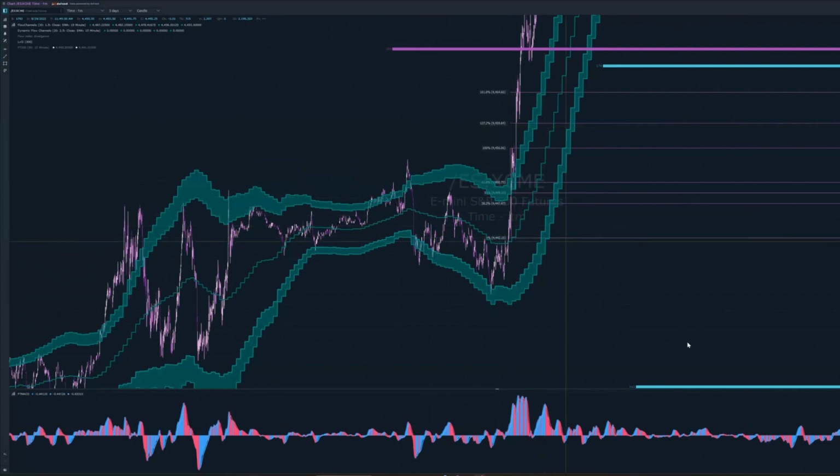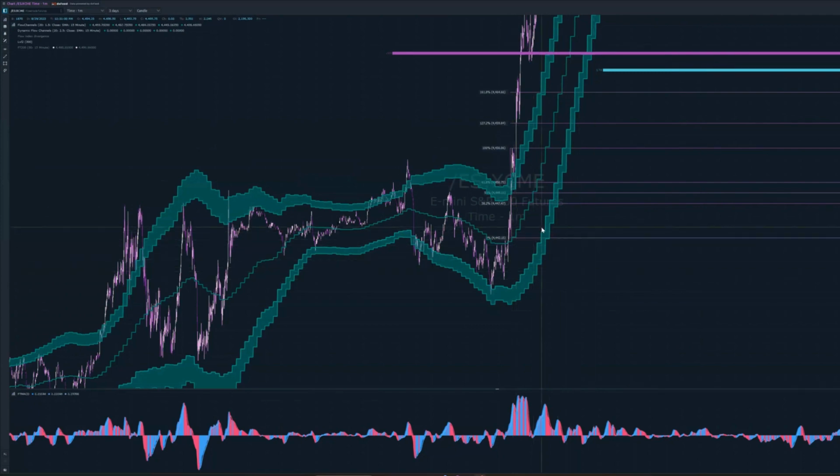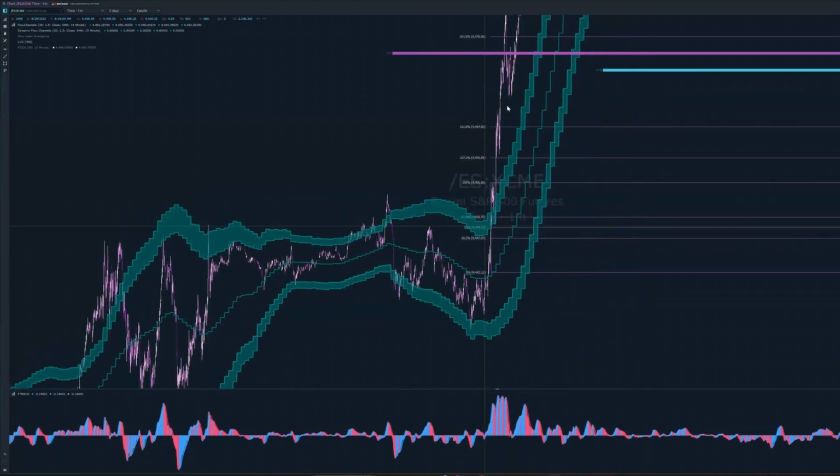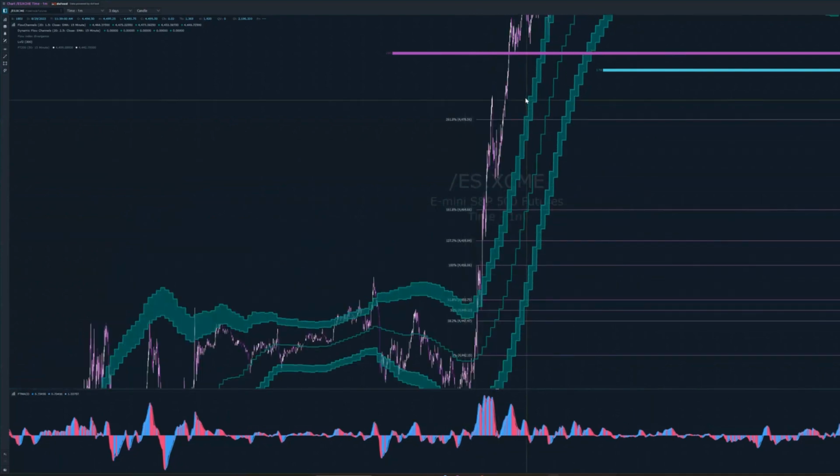If your daily is down and your 4-hour is starting to curl up, obviously, first off, both primaries aren't in the same direction, so we're not looking for strength either way. But in this instance, it's kind of out of the ordinary: the daily was sloped up but not crossed up, and the weekly was crossed down, and we still exploded.